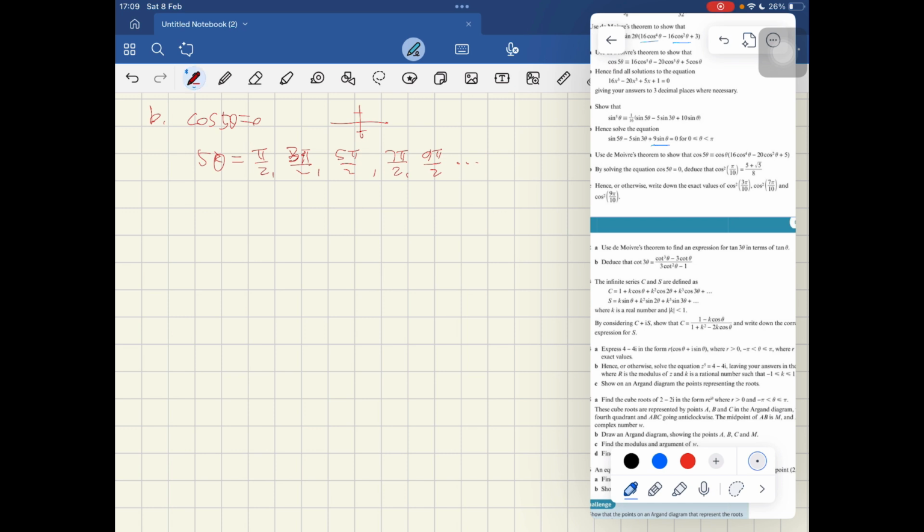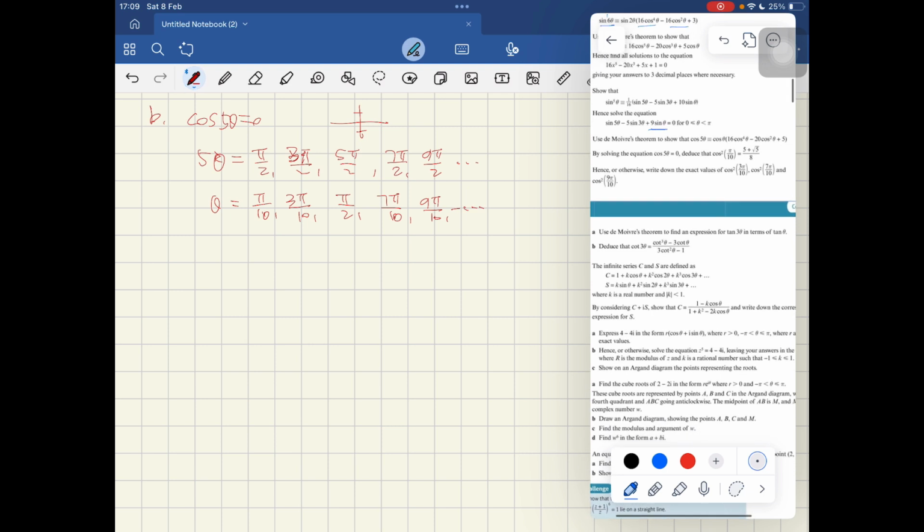So theta can be pi over 10, 3 pi over 10, pi over 2, 7 pi over 10, 9 pi over 10, and so on. So let's see, pi over 10 is an answer.